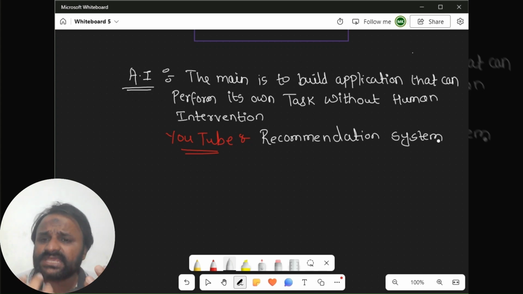So this is actually the recommendation algorithm, or the recommendation system. In the starting phase I talked about what the AI engineer's role is, and that YouTube and Netflix are streaming applications. It's not about any software, it's a streaming application.